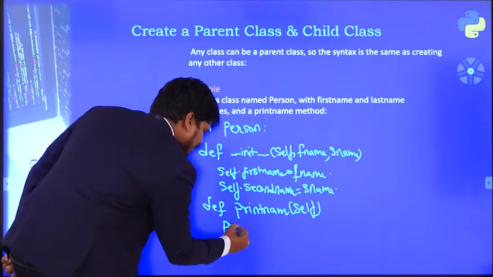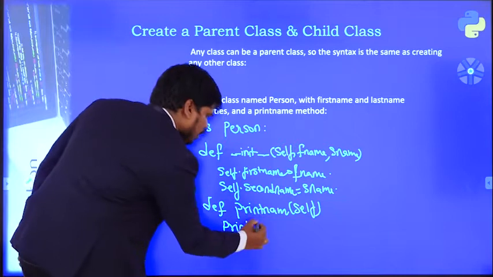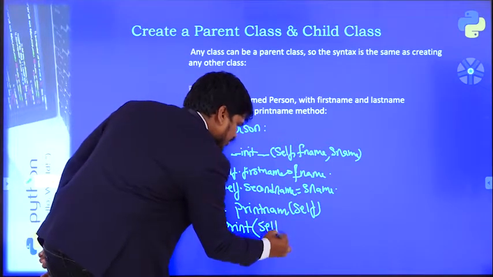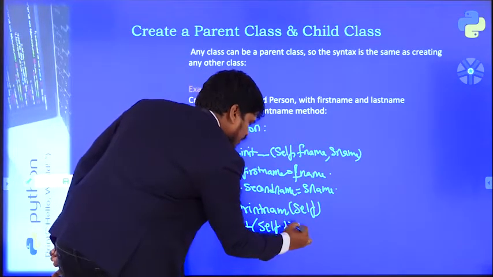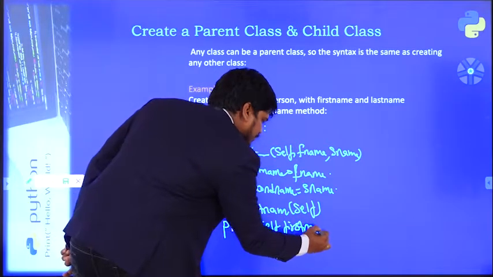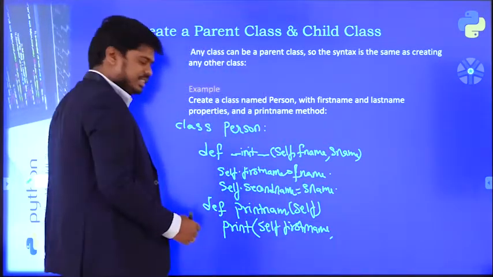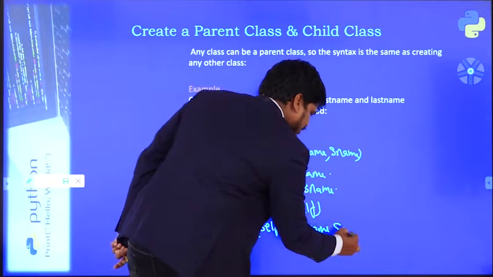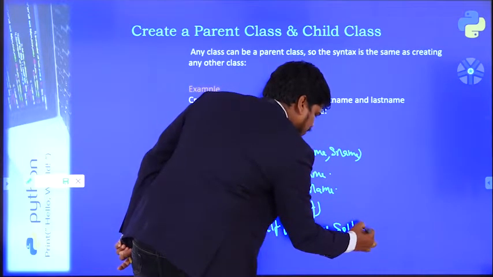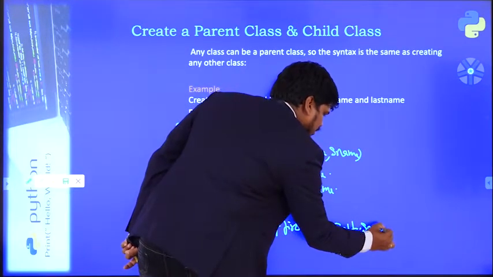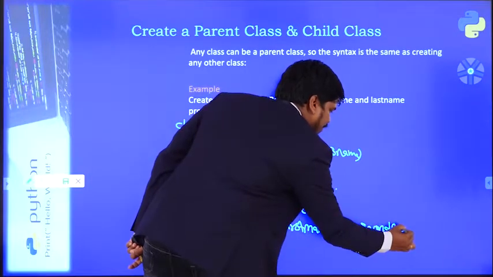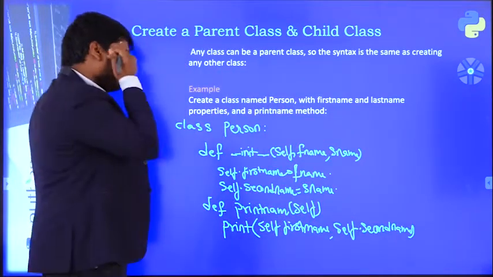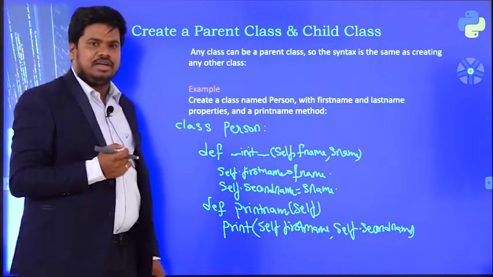So print self dot first name, and next self dot second name. I am done with printing also.